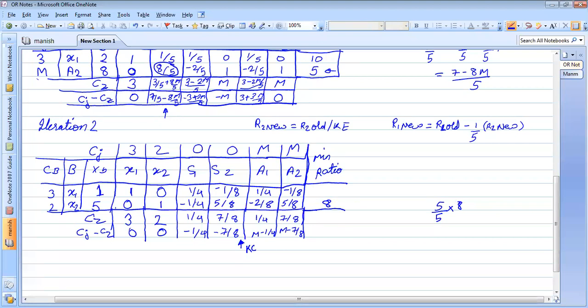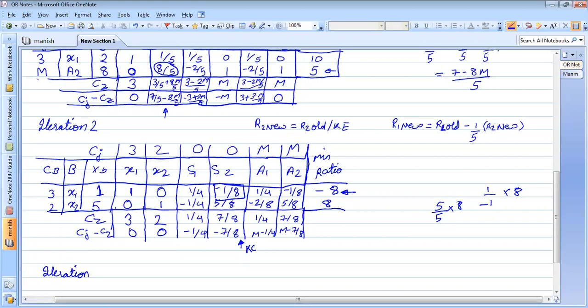Then 1 divided by minus 1 by 8 is equal to minus 8. Minimum ratio is minus 8, so x1 is to be replaced by s2, and this will be your key element, correct? Then we will go for iteration 3.